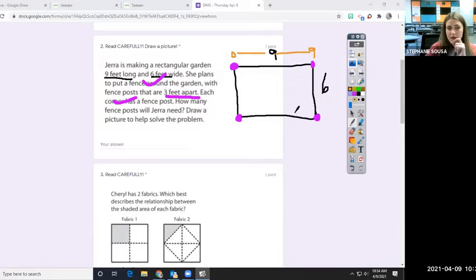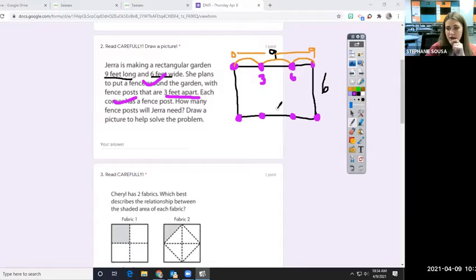We know that in order to get to 9, we've got to count by 3s. 3, 6, 9. So there is also going to be a fence post here at 3, a fence post here at 6. The bottom is the exact same because it's a rectangle, so they have the same size lengths.